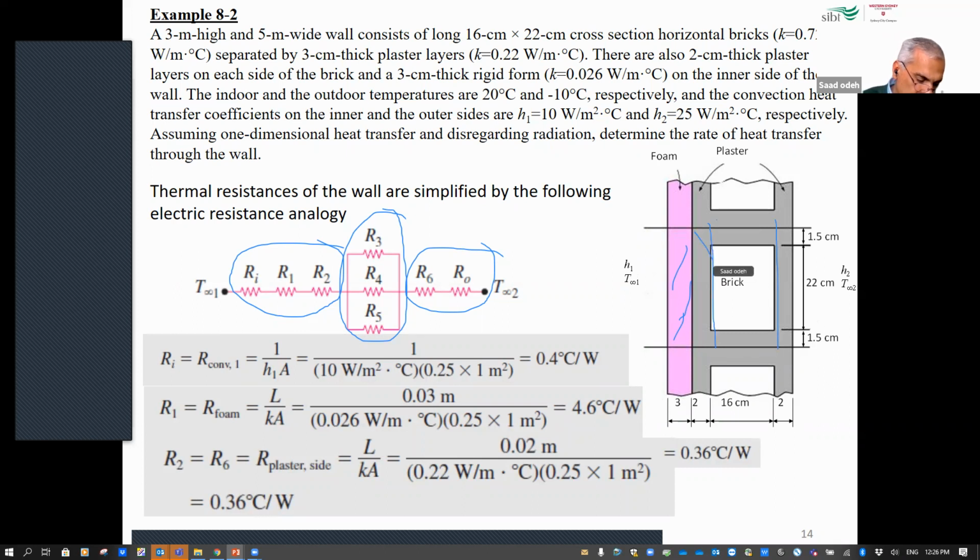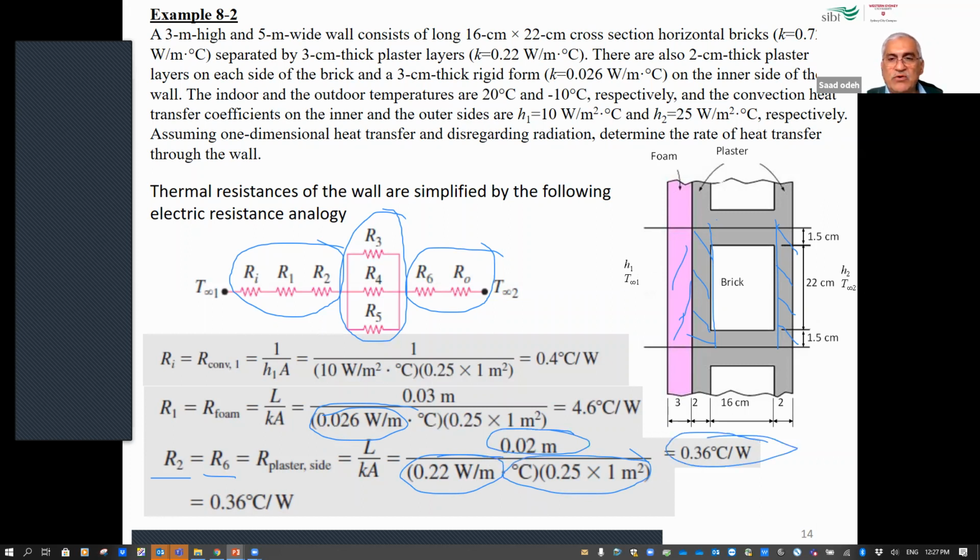These 2 have the same thickness, correct? So if you find one of them, it will be the same as the second one. So R2 is equal to R6, as you can see. So we find it once. They have the same thickness and the same material, so you don't need to repeat it. You have the same k, same area, same thickness, so they have the same value.